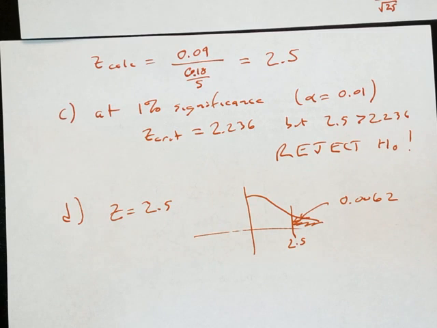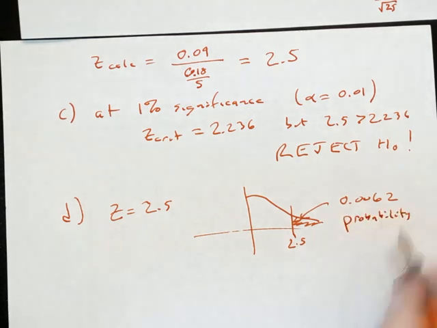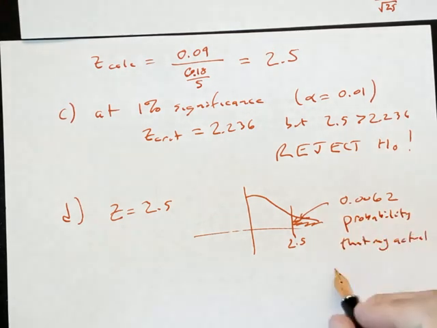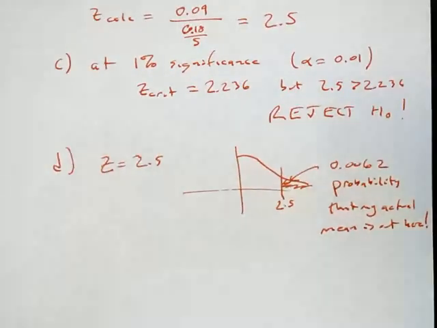That's the chance that my average would be that big compared to the average I expected. This is a probability. That's the chance that the mean is actually way out there.